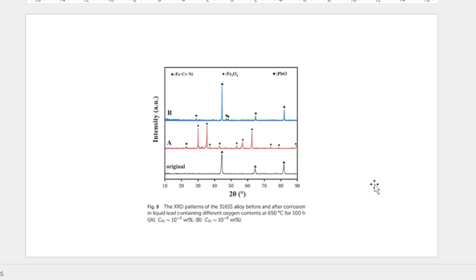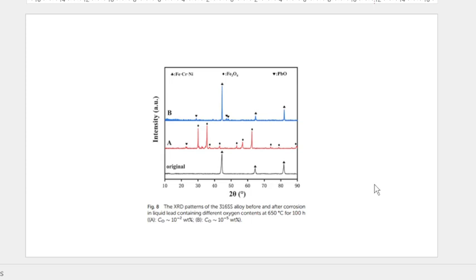As for the XRD patterns of the 316 stainless steel alloy before and after corrosion in liquid lead, we can see the original. We have the Fe, chromium, Cr, and Ni. However, after for 10 to minus 2, we can see the formation of magnetite on the surface.